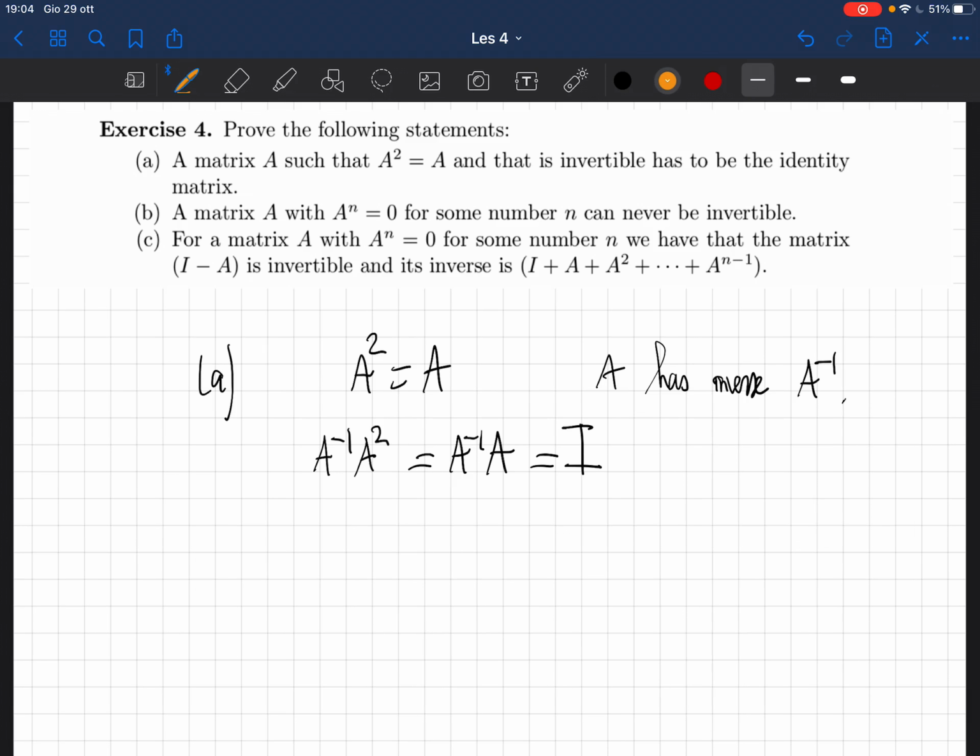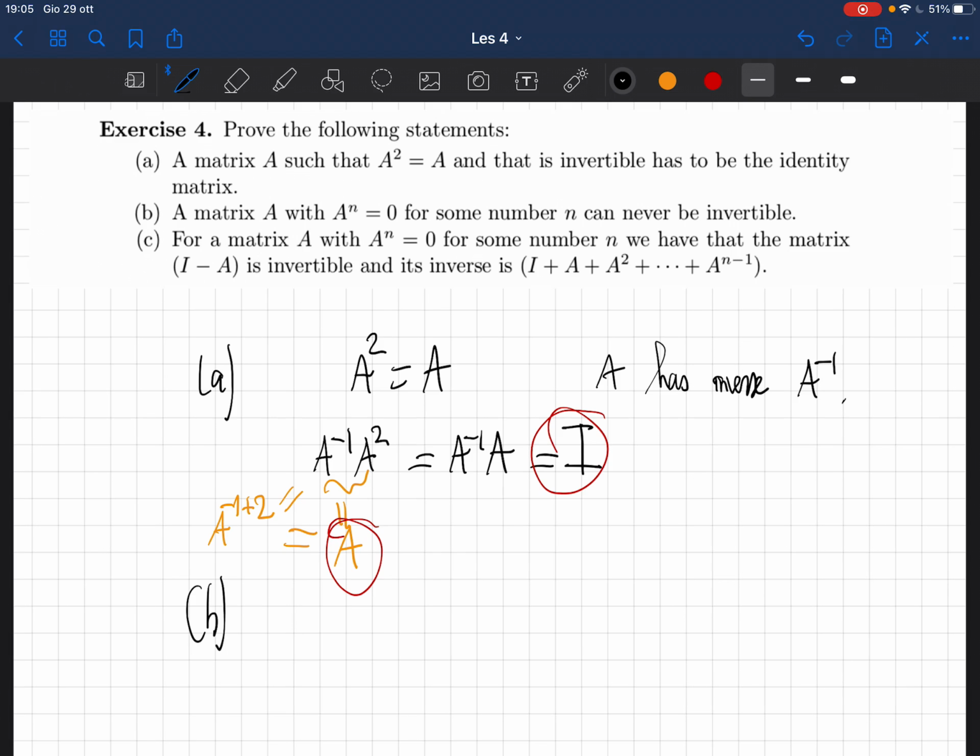But what you have on the left is actually the matrix A, because if you do A minus 1 times A squared, you end up with A to the first power, which is A. So we conclude immediately that A is equal to the identity, and this is it.